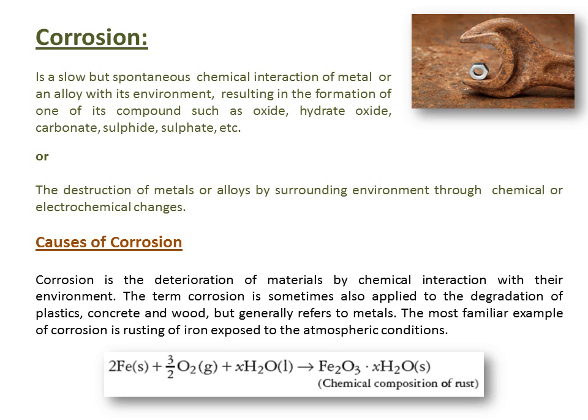So what is the reaction? When iron rusts, Fe plus oxygen, which is a gas, and there will be some water in the form of vapor, means moisture, or even liquid when the iron metal is touched with water, then the reaction gives us ferric oxide, Fe2O3.xH2O.